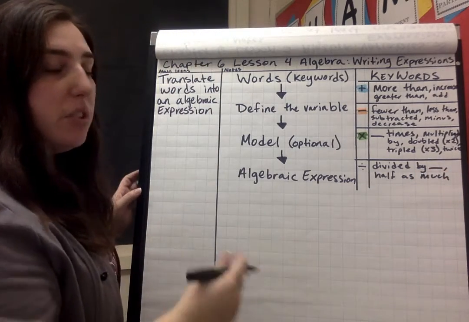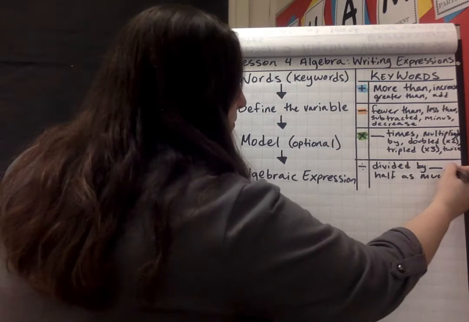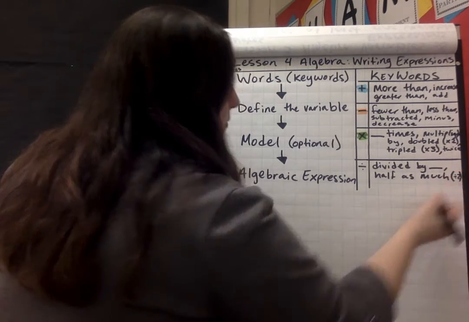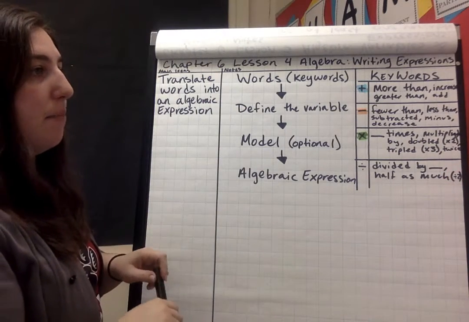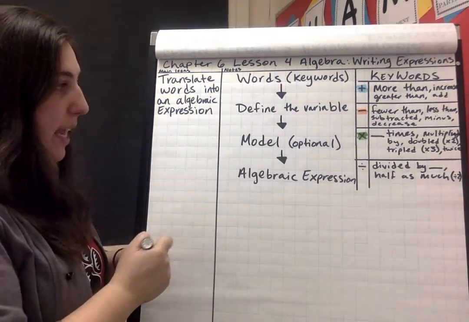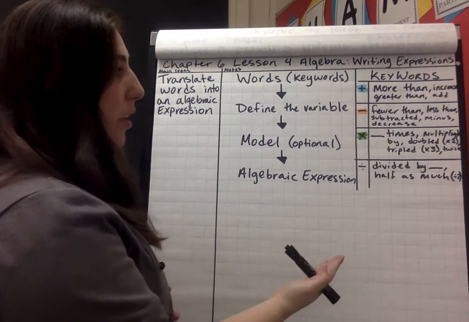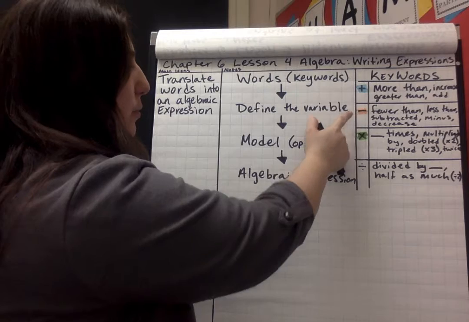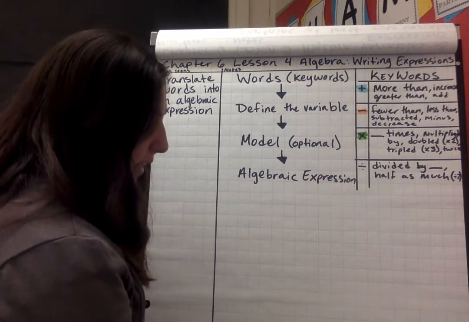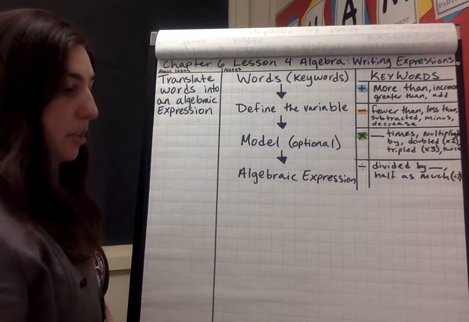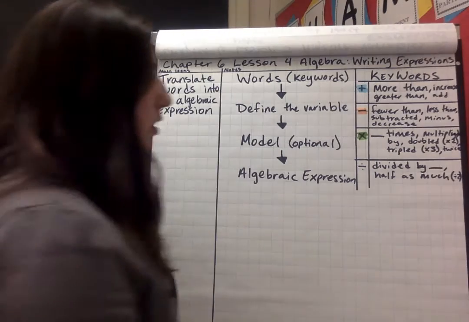Okay, half as much, you're dividing by 2. And then, again, if you find any other words for either adding, subtracting, multiplying, or dividing, you can add them yourself to your own list. Okay.